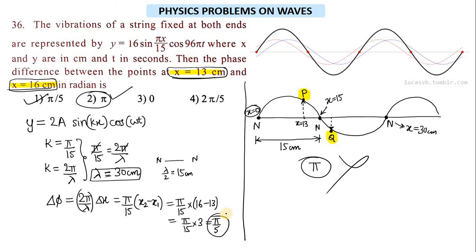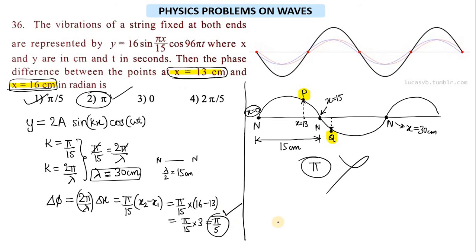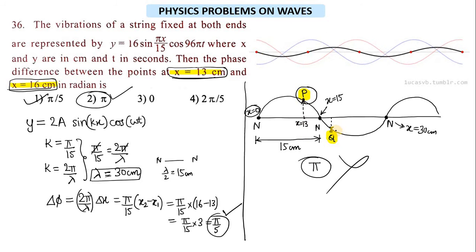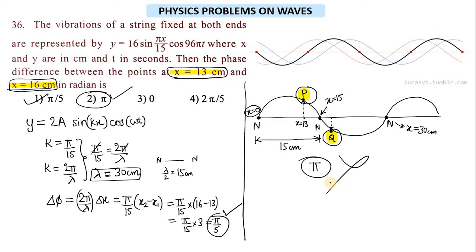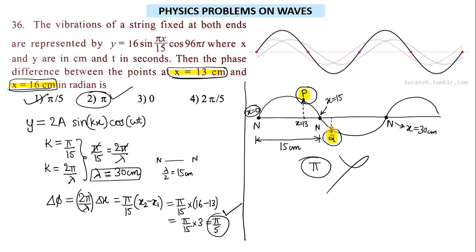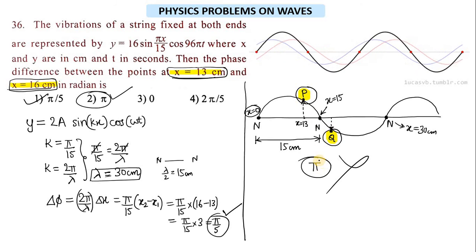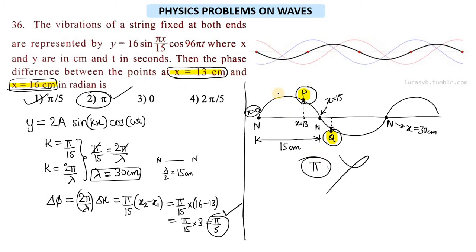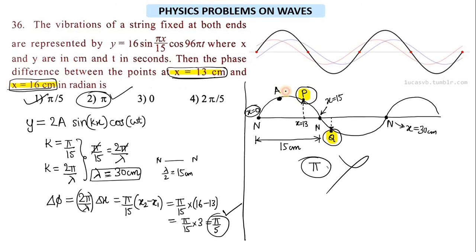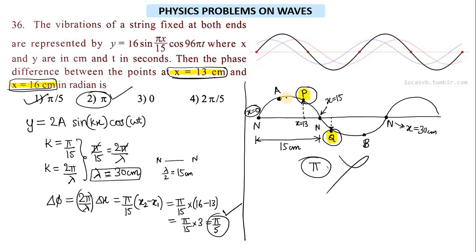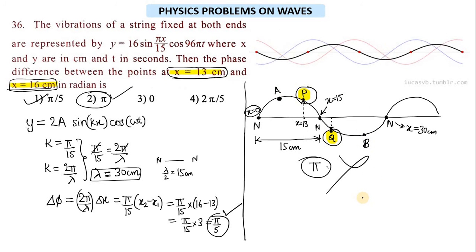According to my view, the phase difference must be pi by 5, because if we again analyze these particles P and Q, if the logic is only that simply because these two particles belong to the adjacent loops and they're in the opposite direction, therefore their phase difference is pi. That means if you take any random particle, for example, let me say one particle A I'm taking on the left loop and another particle B I take on the right loop, then even between these two the phase difference should be pi.